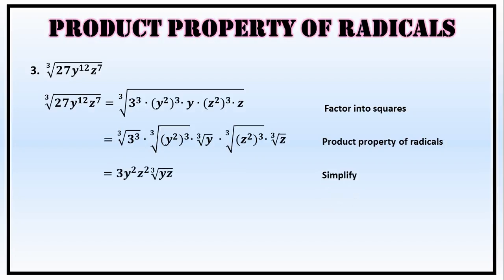And the next thing to do is to simplify. So the answer for the cube root of 27y to the power of 12 z to the power of 7 is equal to 3y squared z squared cube root of yz. And that's it for the product property of radicals.